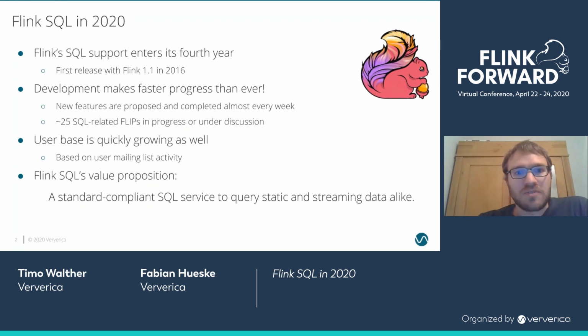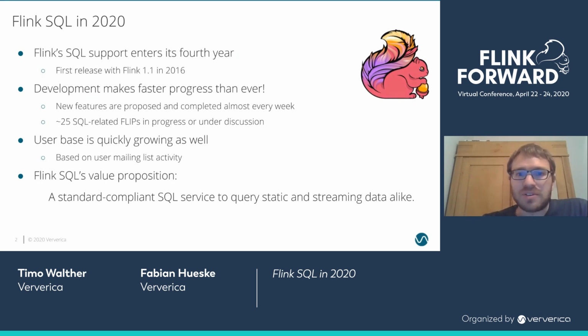It's been almost 4 years since we started adding SQL support to Apache Flink. The first version that had SQL support was Flink 1.1 back in 2016. And since then, we made significant progress. Today, development is going even faster than ever.